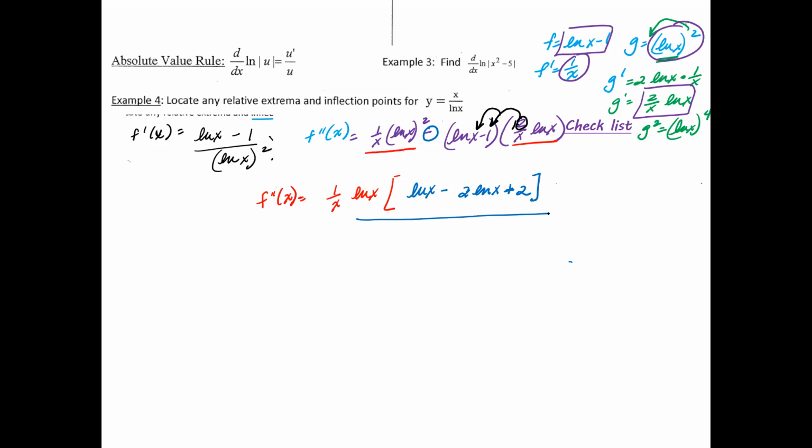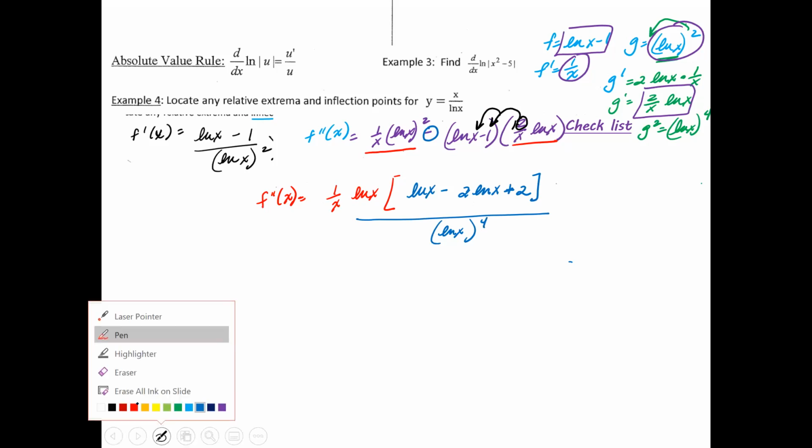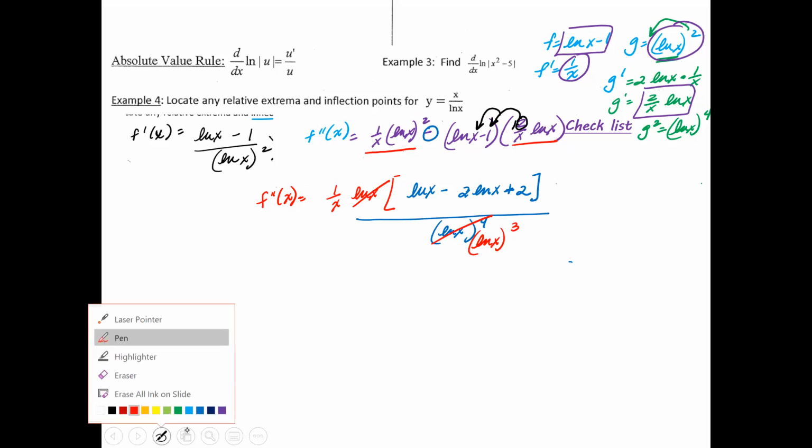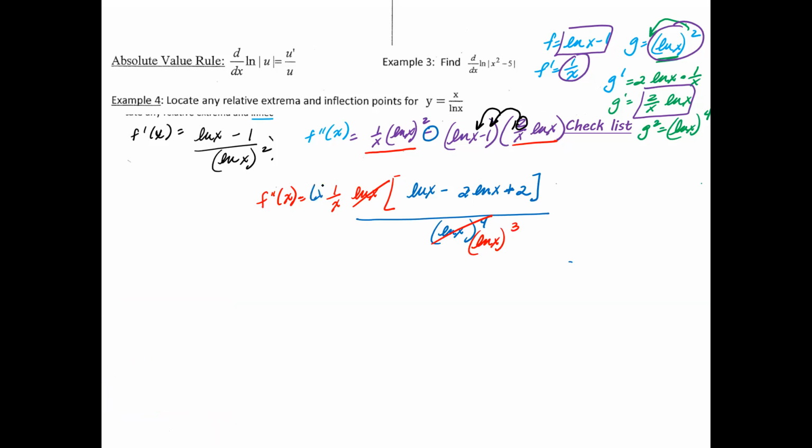And this is going to be all the way over g squared, which is ln x to the 4th power. But then as you guys can see right here, you can go ahead and cancel the ln x and this ln x, which will give me an ln x to the 3rd power. And then if I want to get rid of this x here, I can multiply x on top and an x on the bottom, which will cancel that part out.